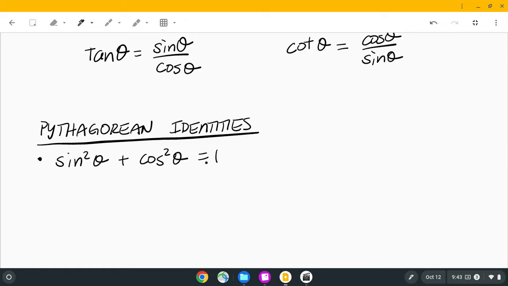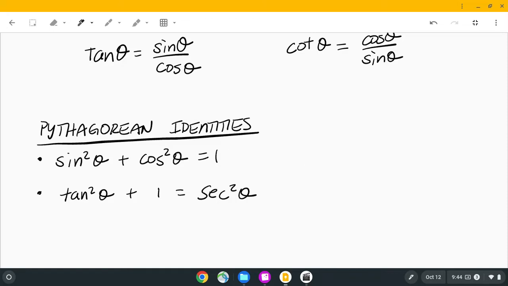If you remember, if we divide everything here by cosine squared, we end up with tangent squared. If we divide this by cosine squared, we get 1. And if we divide this by cosine squared, 1 over cosine squared is secant squared.